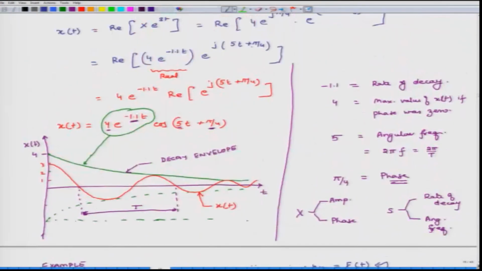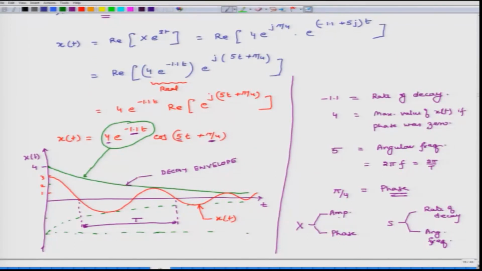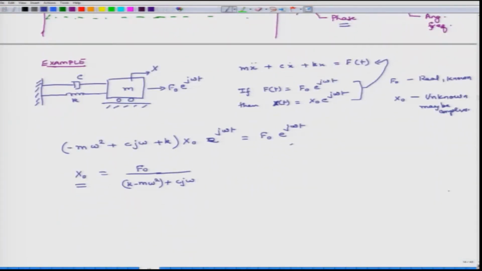See this, x has an amplitude and it has a phase. That is what we are seeing here. x is a complex number, and what is the amplitude of x naught? F naught by the magnitude of k minus m omega square plus c j omega.